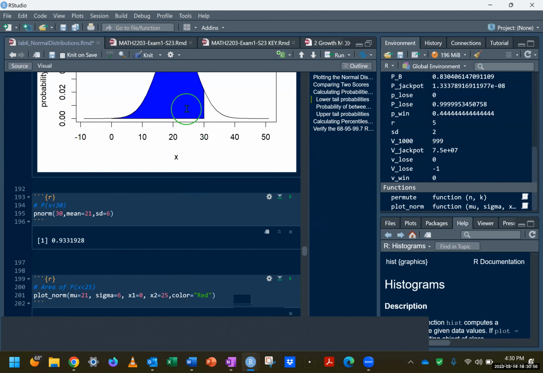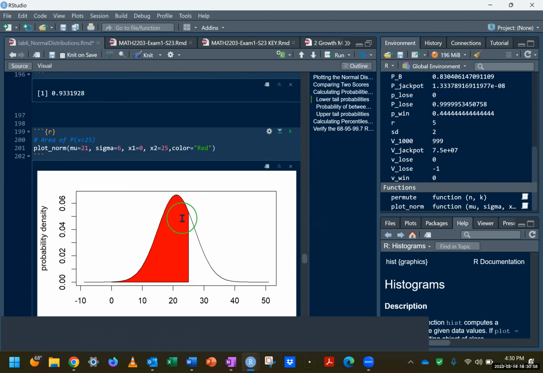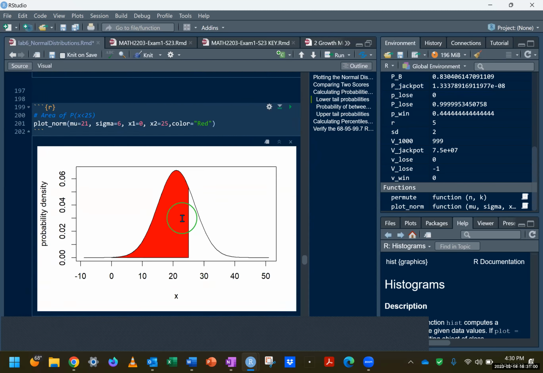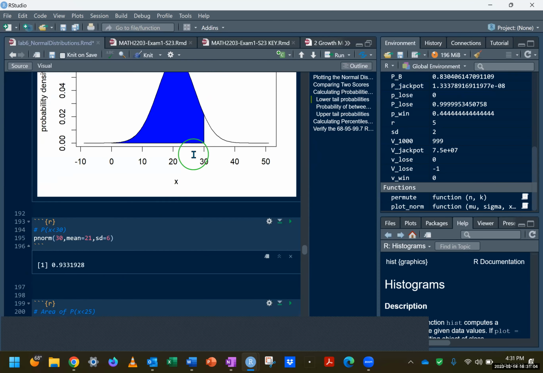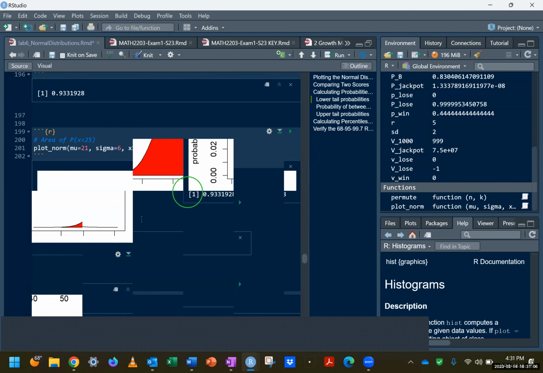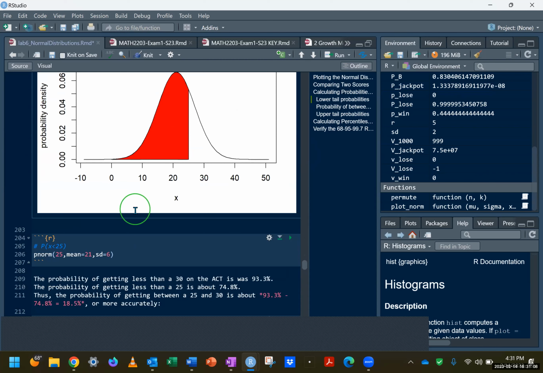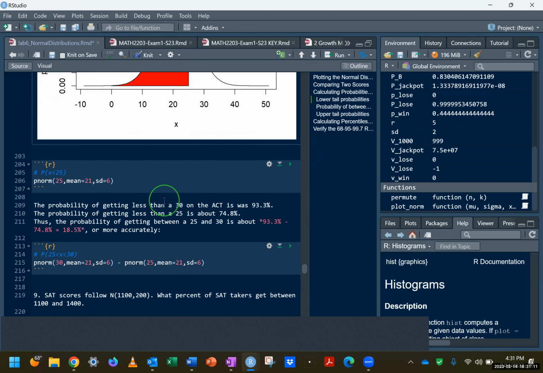If we subtract the red area from the blue area, you'll find we get the purple area, the area in between. So that's a bounded probability. To find the chance of getting between a 25 and a 30, we would take the lower tail of the 30 minus the lower tail of the 25. That's how we're going to do these two-sided probabilities.